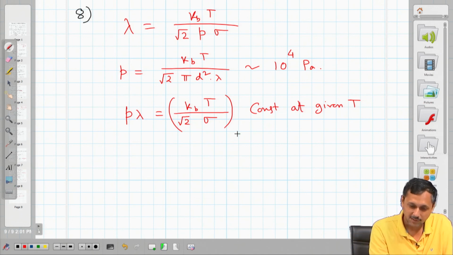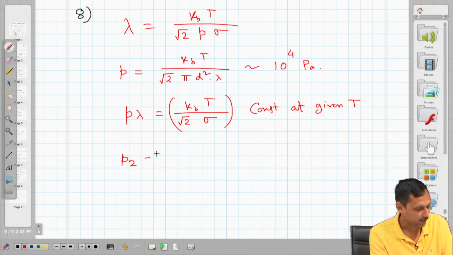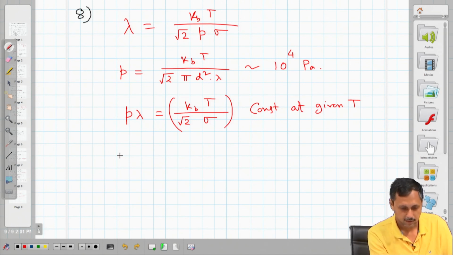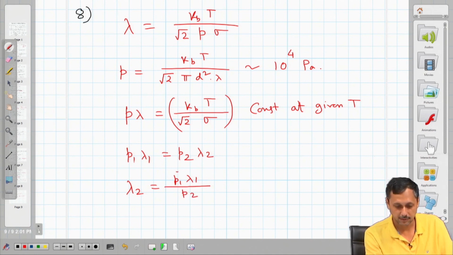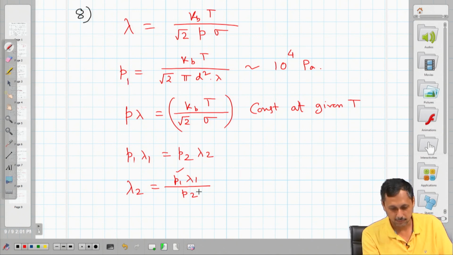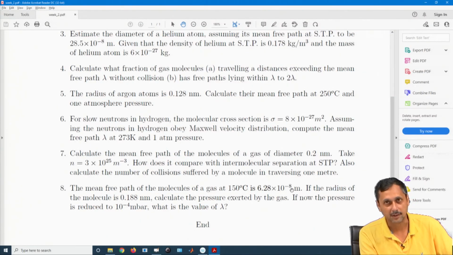So we have P1 lambda 1 equal to P2 lambda 2, and lambda 2 is equal to P1 lambda 1 by P2. P1 is given, P2 is already given, and lambda 1 is given: it is 6.28 into 10 to the power minus 8 meters.